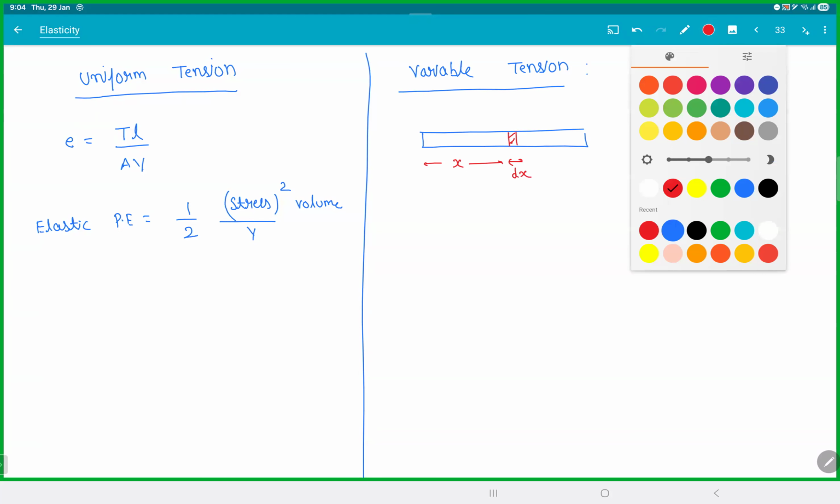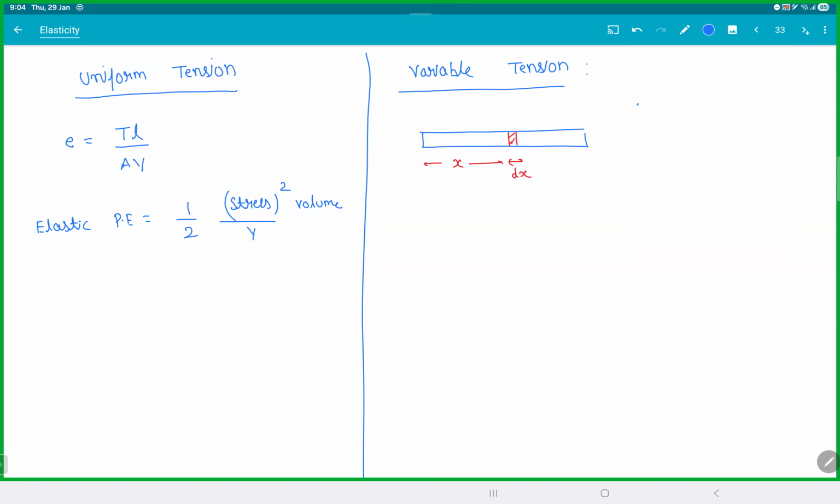Since dx is so small, I can assume tension is almost constant. That is the whole concept of integration. Now I can apply these formulas for the dx element, not the whole rod. We can assume tension is constant in dx.